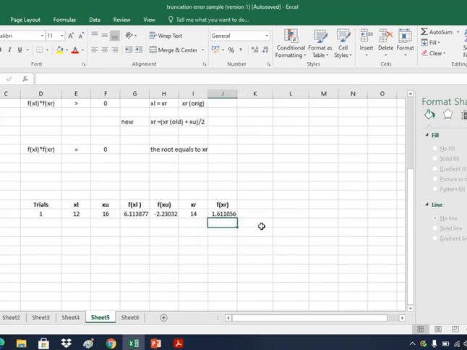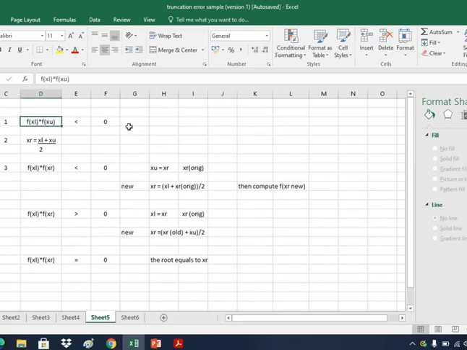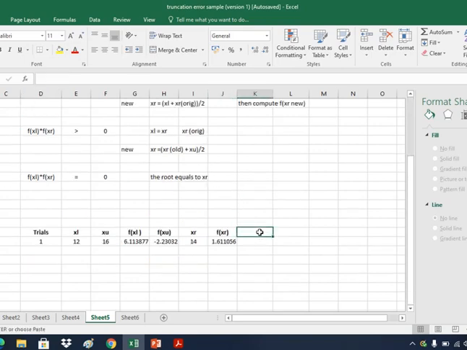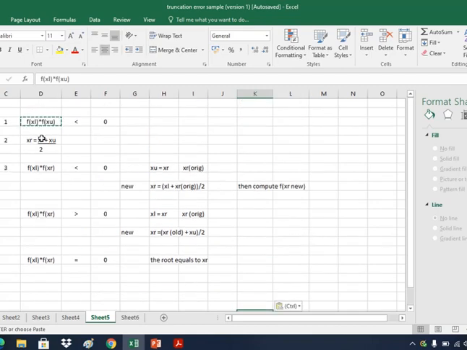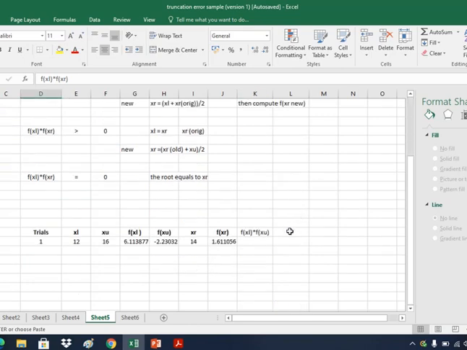Okay, so what's next? Step 2, the product of the lower bound and the upper bound.